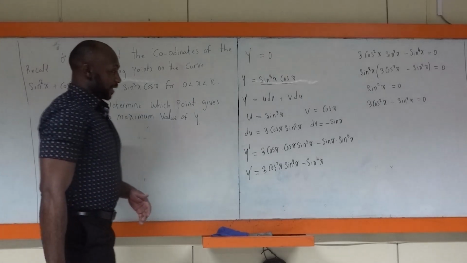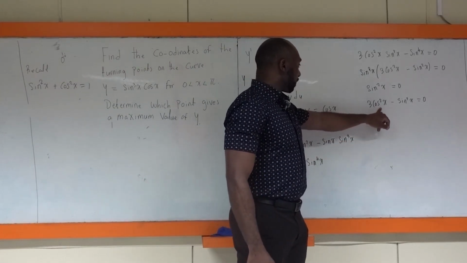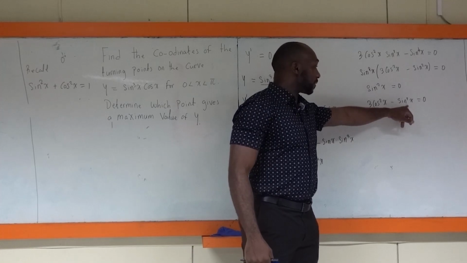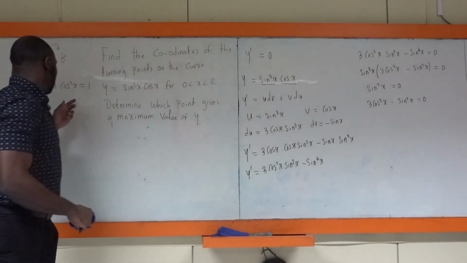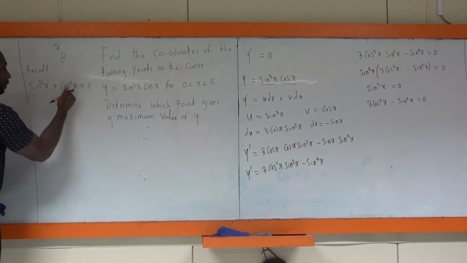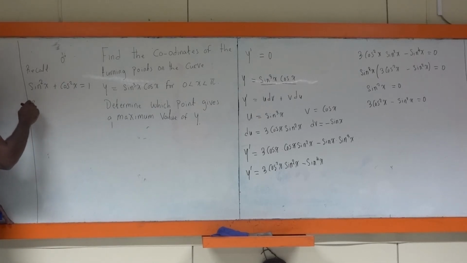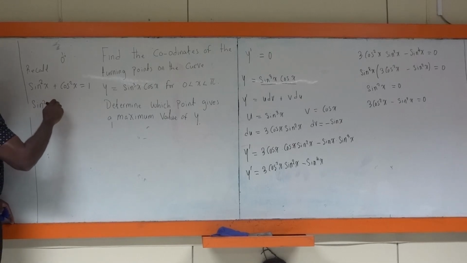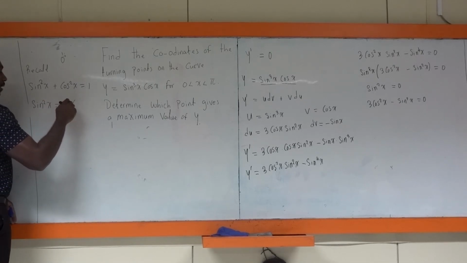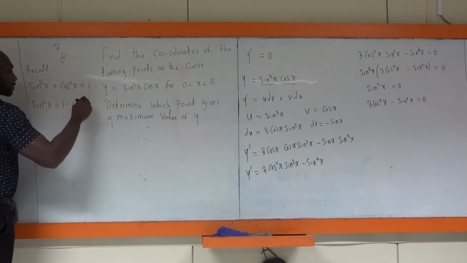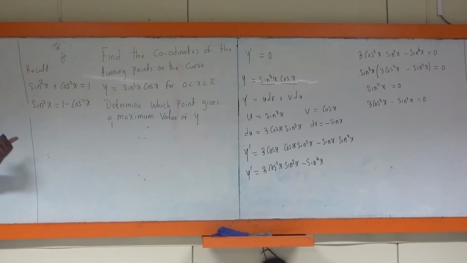Therefore, if I want this function to be in terms of cos squared of x, then I have to solve for sine squared of x from this equation. So from this equation, we can clearly see that sine squared of x is equal to 1 minus cos squared of x. I hope that is okay.